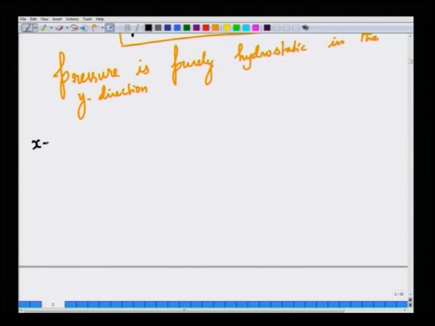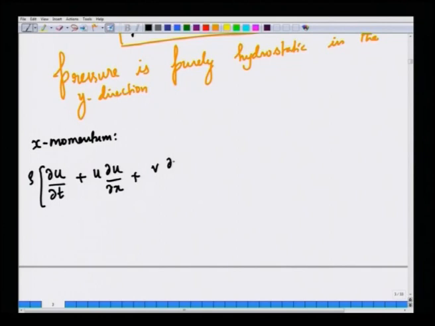Now, we are going to look at the x momentum equation. Okay. Again, we have to look up textbooks to find out what is the x component of the momentum equation in Cartesian coordinates, but I am just going to write it for you here.